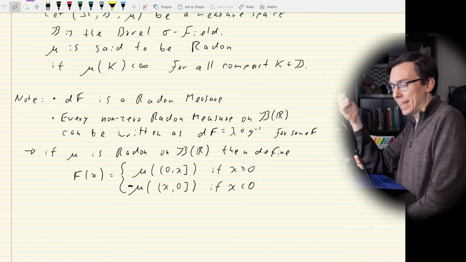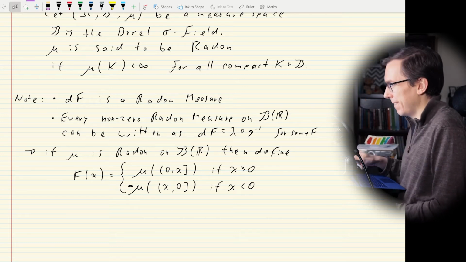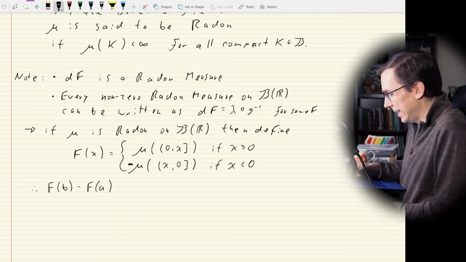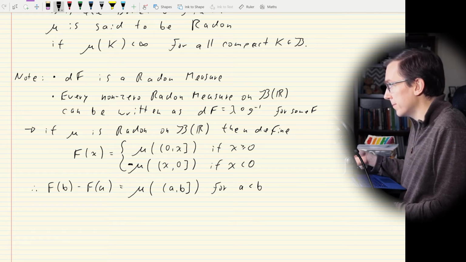Okay, so the claim is that if you define f to be a function like this, then it's good, right? Well, therefore, f of b minus f of a is just going to be mu of the interval (a, b] for a less than b.